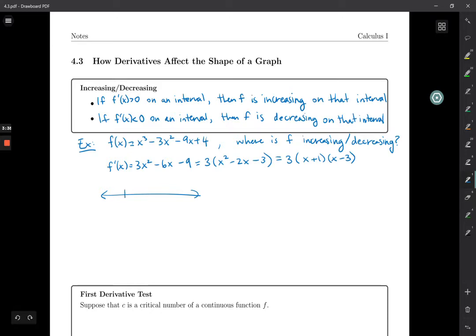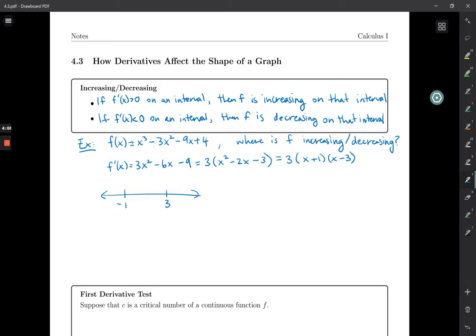But you would get minus 1 and 3 as the 2 points where f prime is going to be equal to 0. And so since this is a continuous function, we know that if a function is negative, say, on a piece, then it has to pass through 0 before it can become positive.